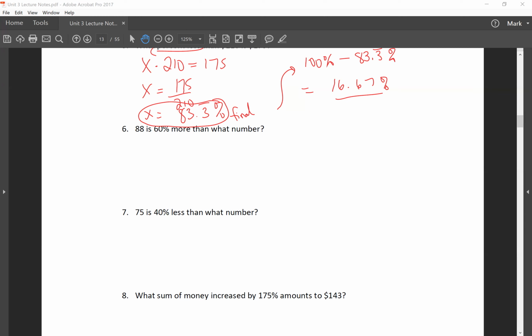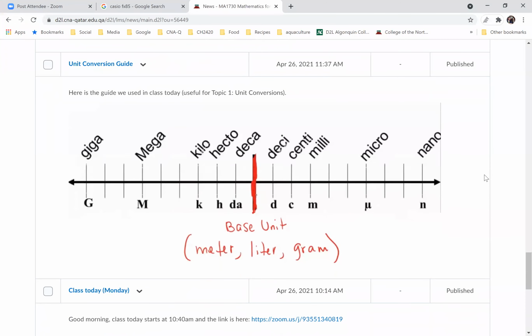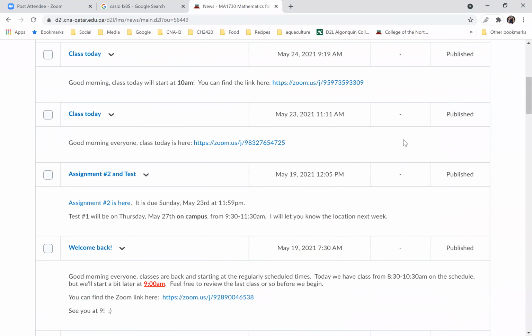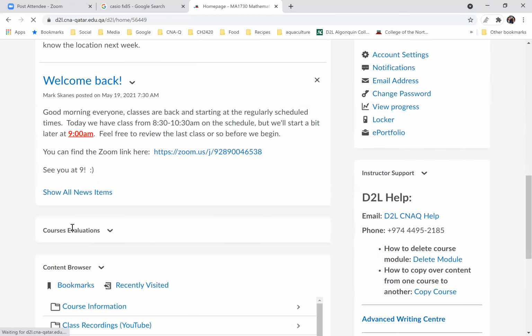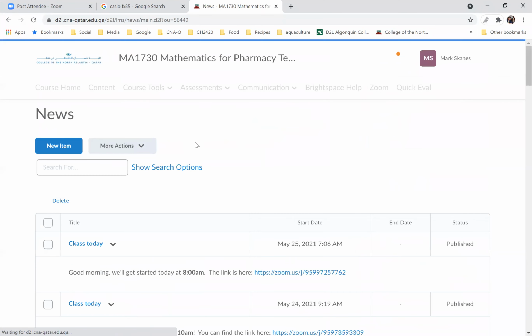If you go all the way back in the news, so show all news items, there's a lot of news items. But you will be given this unit conversion guide here. I don't know if you can see my screen. There we go. You'll be given this. This is in the news. I'm sorry, I wasn't sharing my screen. So if I go back to the course home and I go show all news items, this is all the news.